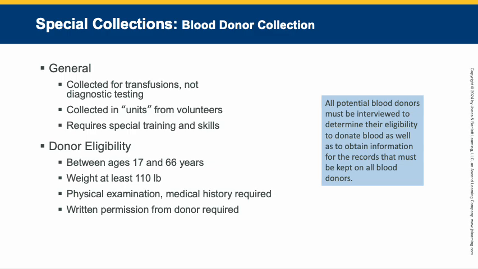So there are guidelines they have to follow, and these guidelines are set by what we call the AABB. This used to be called the American Association of Blood Banks, but now it's just known as AABB. So this is an organization that develops the standards, and it accredits any kind of blood donor systems.